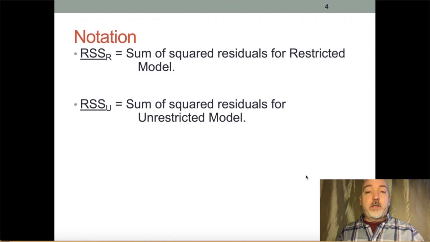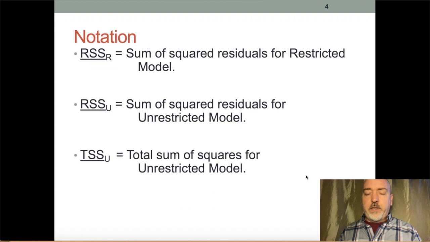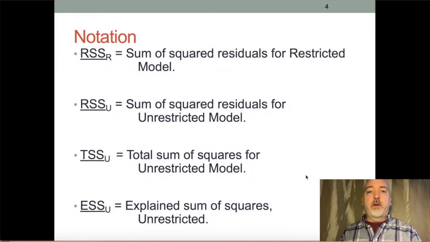And now we're just saying, well, it's going to come from two different sources, the restricted and the unrestricted. So RSSR and RSSU, respectively. And it's also going to be useful for us to go back and think about those other key ingredients to the R-squared, the total sum of squares, the TSS, and the explained sum of squares, the ESS. And we'll only look at those from the unrestricted model.